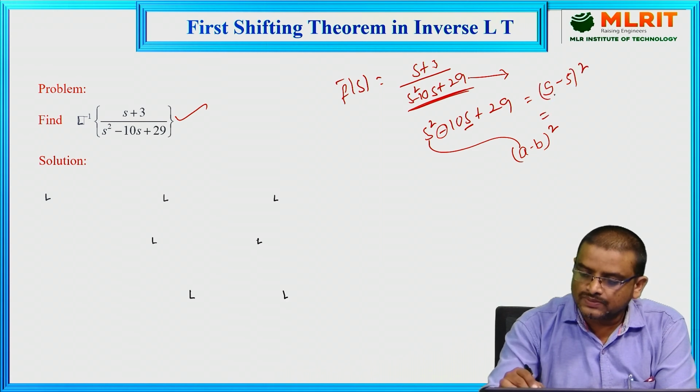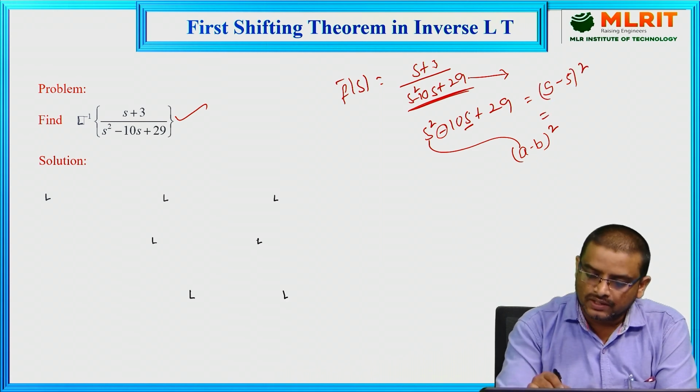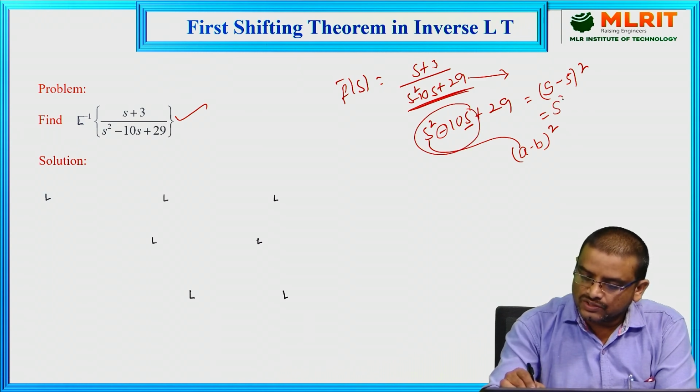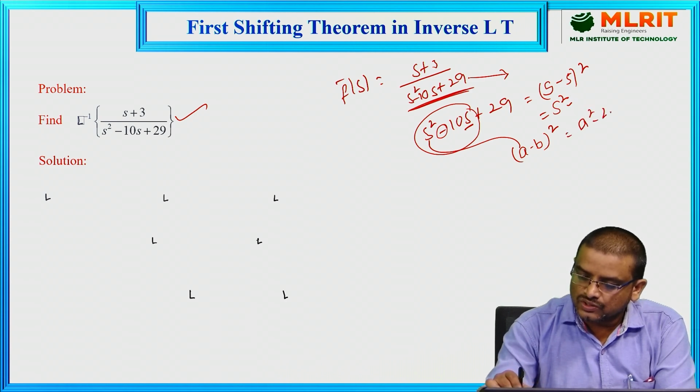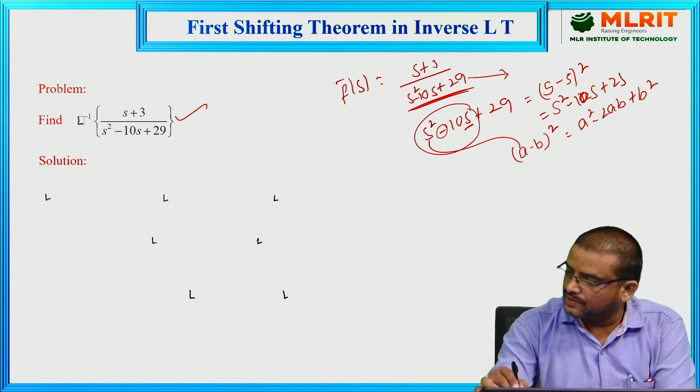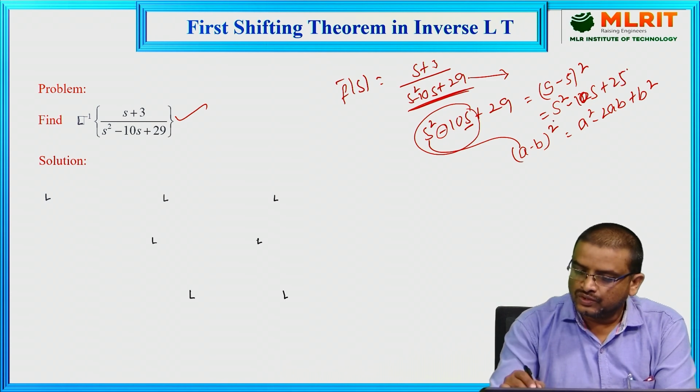Now if you expand this (s minus 5) whole square, these two terms must come in this expression. It is a square minus 2ab plus b square, so s square minus 2 into s into 5, that is 10s, plus 25. So s square minus 10s plus 25.